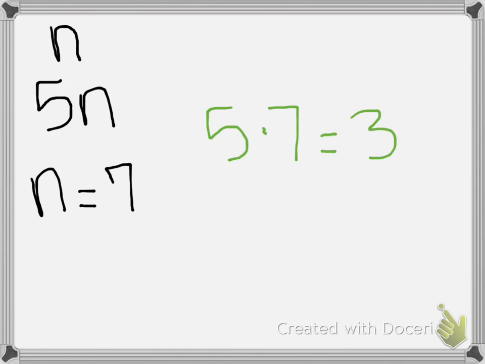So let's say n were to equal 7. I would plug 7 in for n, so I would write 5 times 7 equals 35. Okay? Let's go on in this.